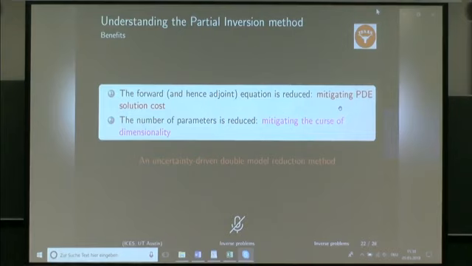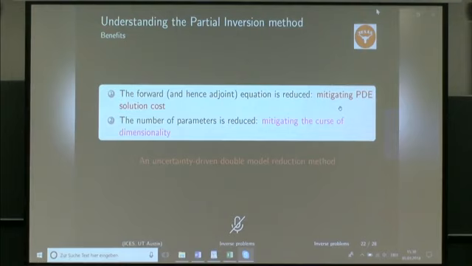So in fact, we do two things at the same time, essentially. First, by truncating the domain, each inverse solution is cheaper. Notice that I'm talking about Bayesian inverse solution right now in this context, because if what you really care about is the deterministic inversion, then this method will not work well.